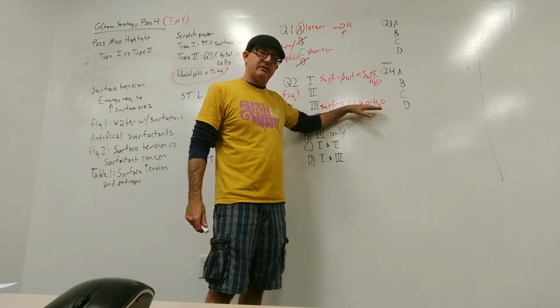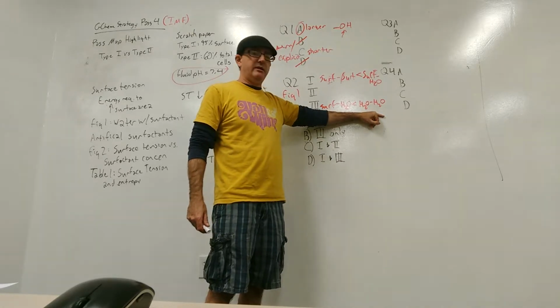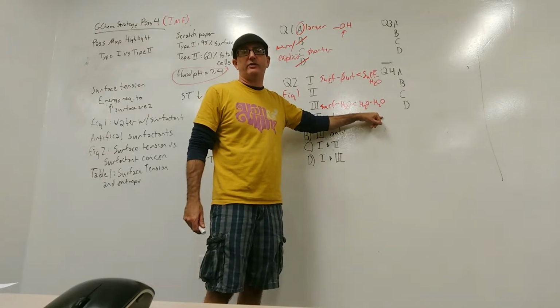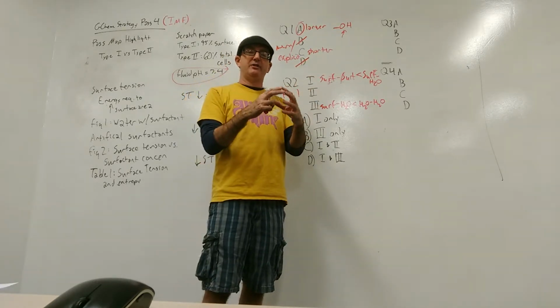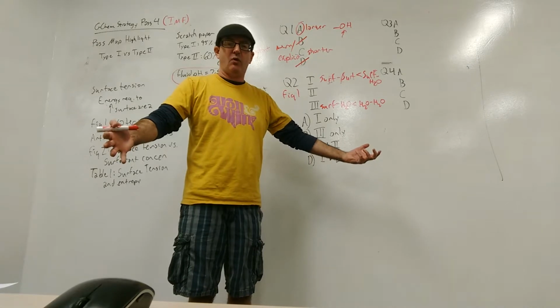Well, if you think about that, it makes sense. Water has lots of very high, strong hydrogen bonding. And if the surfactant-water interaction was stronger than the water-water interaction, that would be like dissolving a salt, right? Instead of dipole-dipole interactions, we now have ion-dipole interactions, and it's going to spread out in the solution.